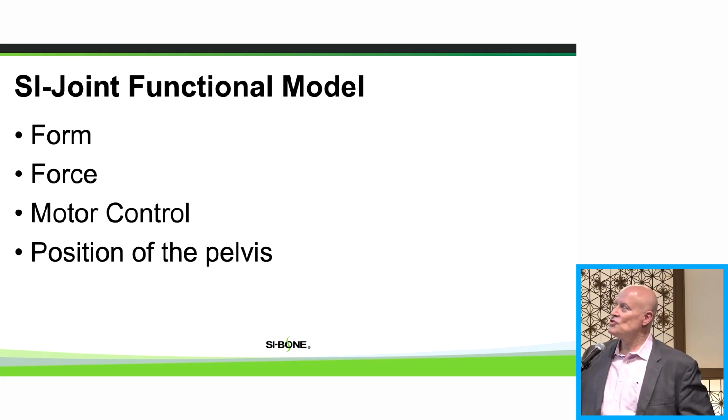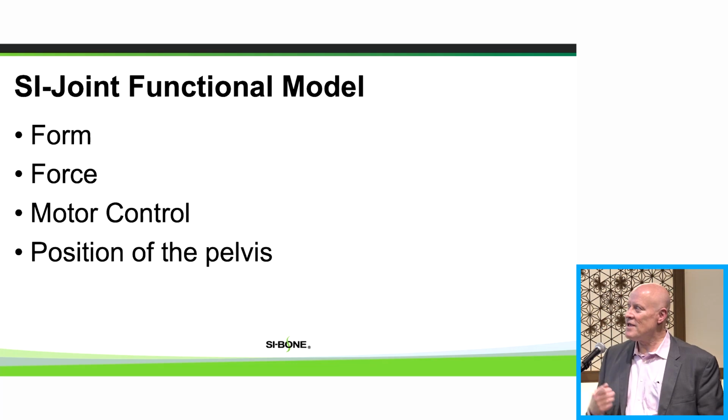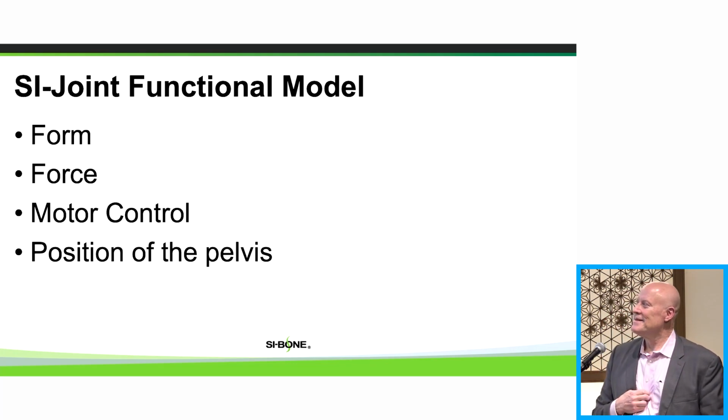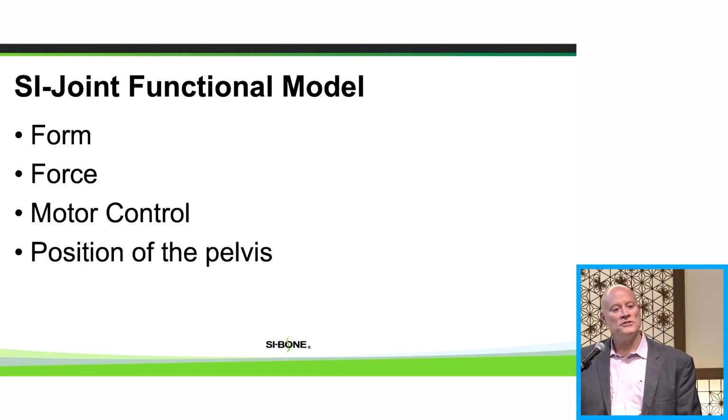And I'd like to talk about the diagnosis in the context of a functional model, right? So Vleeming gave us form and force closure with Bengt's assistance. Hodges in Australia has really tied in the concept of motor control.